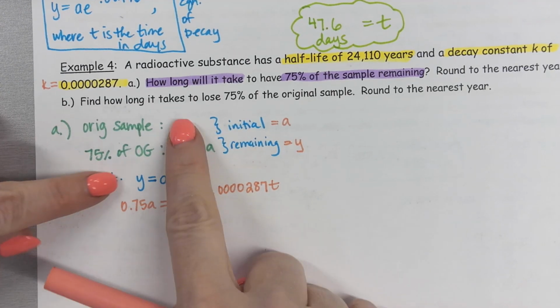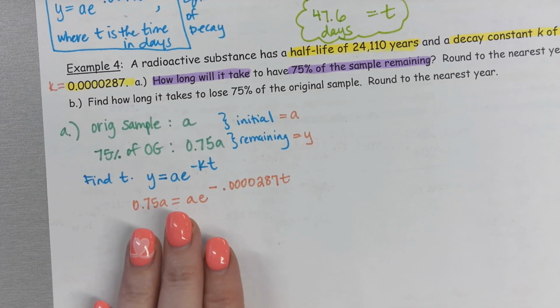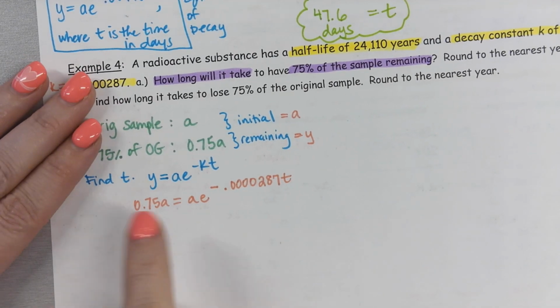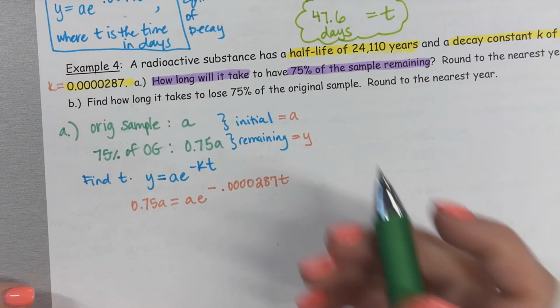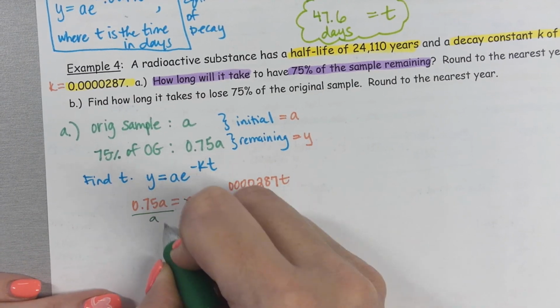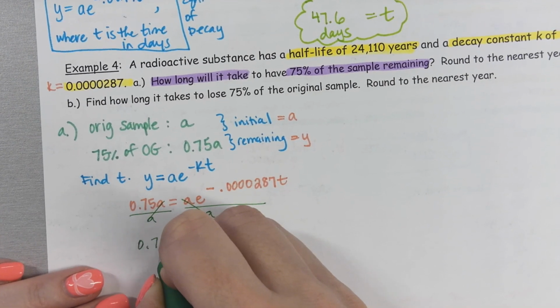And the reason why I said you can use the A's is because what's going to happen? If you want to get this by itself, what are we going to do? Just divide. When you divide by A, those will cancel.